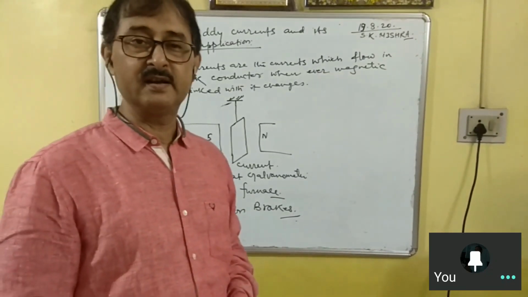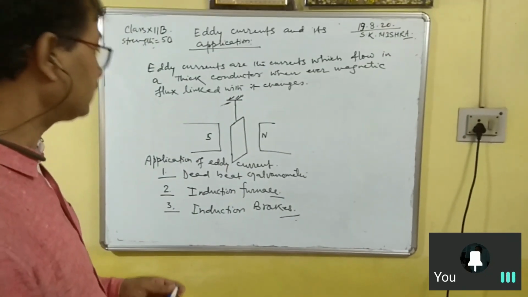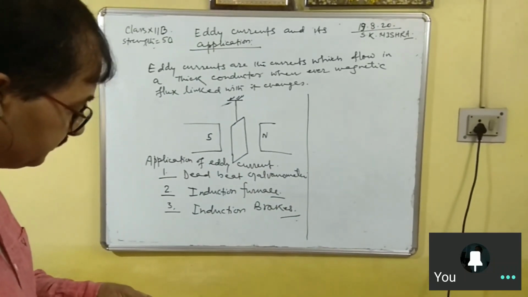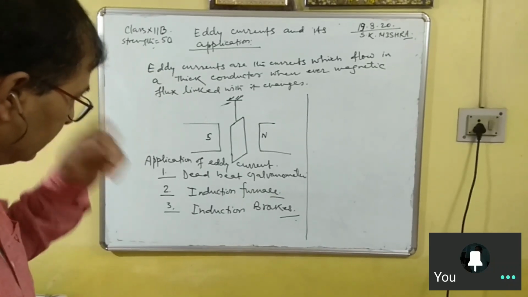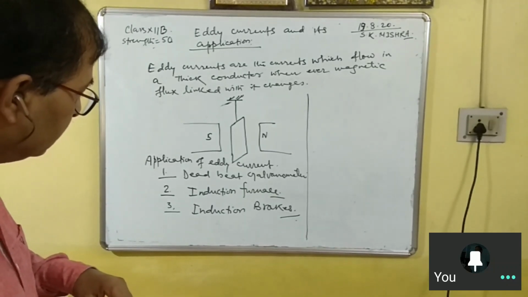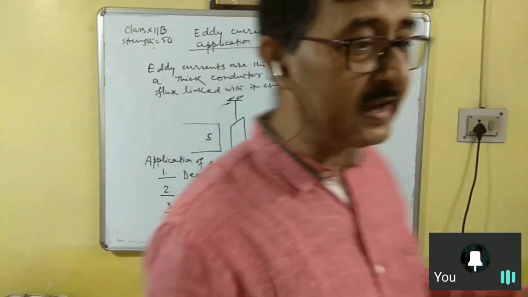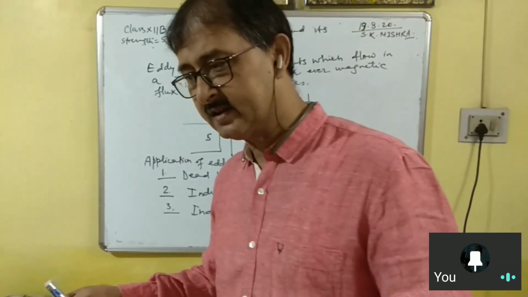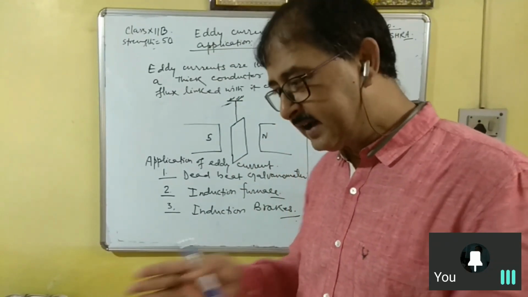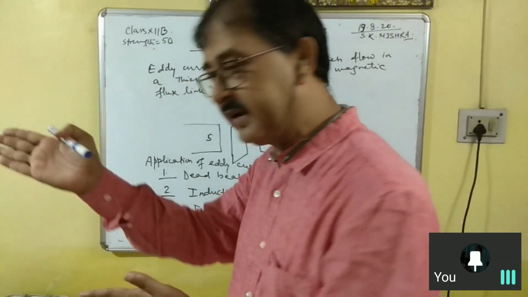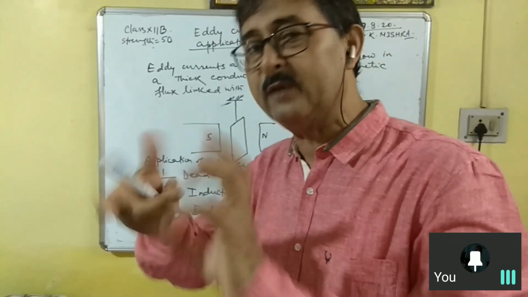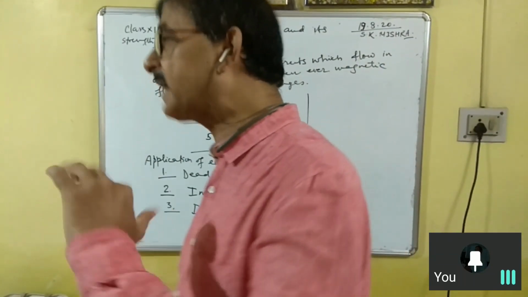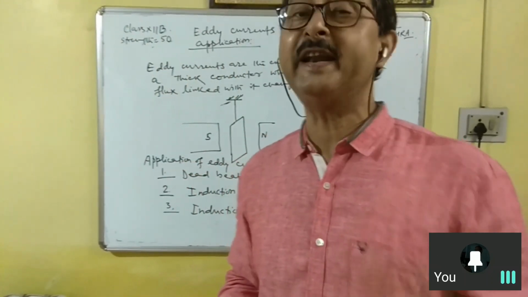So that is an application of eddy current. Electromagnets are placed just near the rails, between two rails on the track, and the moment the wheel goes in between, the magnetic flux linked with the wheel changes, so eddy current is produced.